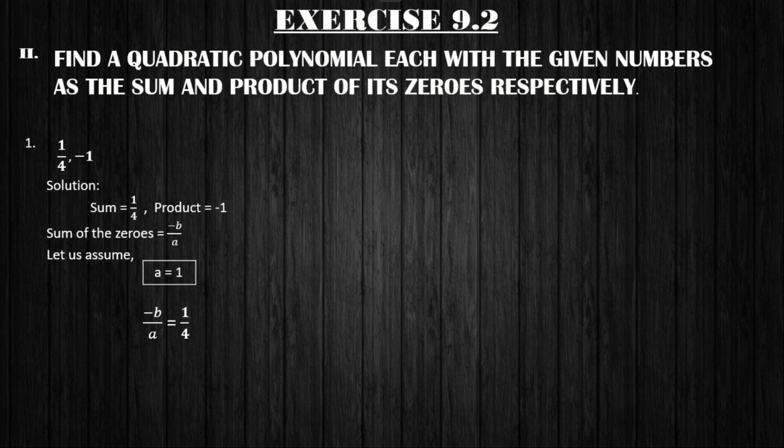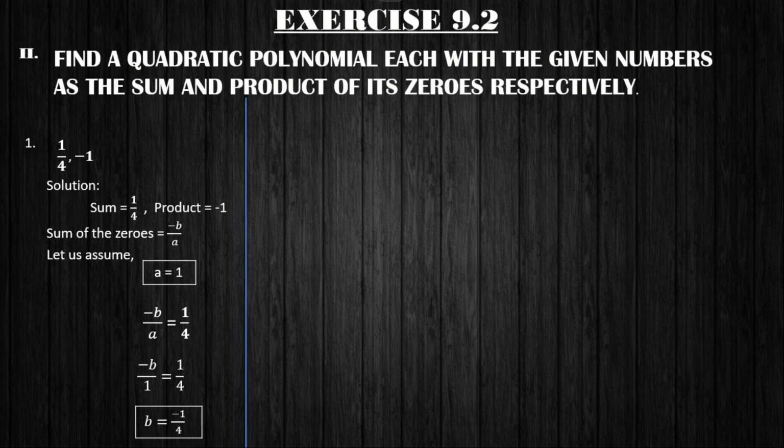Since we have already assumed a is equal to 1, in the place of a in the formula, we replace a by 1. So the equation becomes minus b by 1 is equal to 1 by 4. Here by cross multiplying, we get the value b is equal to minus 1 by 4. So we got the value for b also. b is equal to minus 1 by 4.